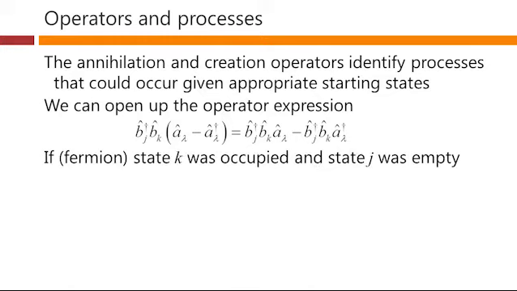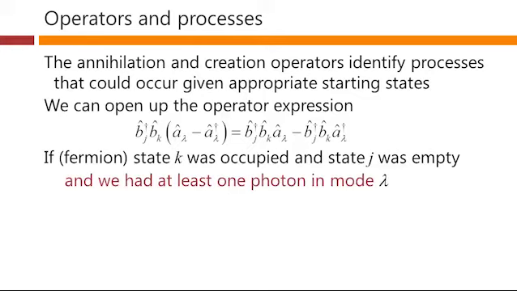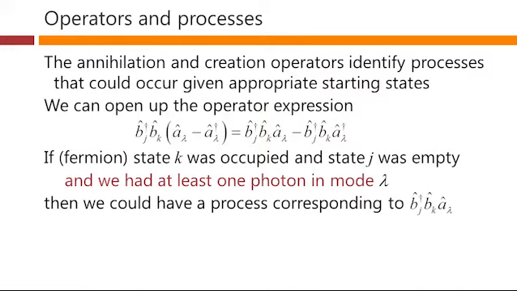So if fermion state K was occupied and state J was empty, the single particle states, and we had at least one photon in mode lambda, then we could have a process corresponding to this set of operators. Because we'd one photon in mode lambda, this annihilation operator would still leave us with something, and because fermion state K is occupied, this annihilation operator still leaves us with something, and then because state J was empty, we will then be able to use this operator to act on what we get.